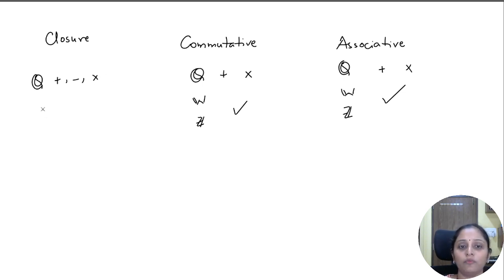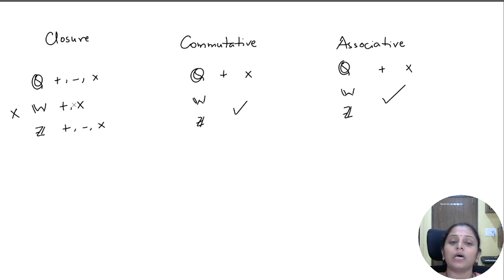But we have already seen that the set of whole numbers is not closed for subtraction. For addition it is closed, for multiplication it is closed, but for subtraction it is not closed. Now if you look at integers, for addition it is closed, for subtraction it is closed, and for multiplication it is closed. Here there is only one problem, that is with the subtraction, right?